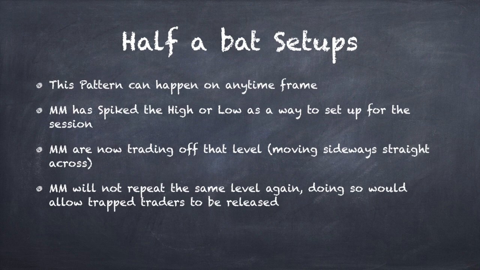But they won't come back up to make that second leg of the M that we look for. Price just appears to roll off that level, like a cliff. So it spikes up, goes straight sideways, and then rolls off a cliff.